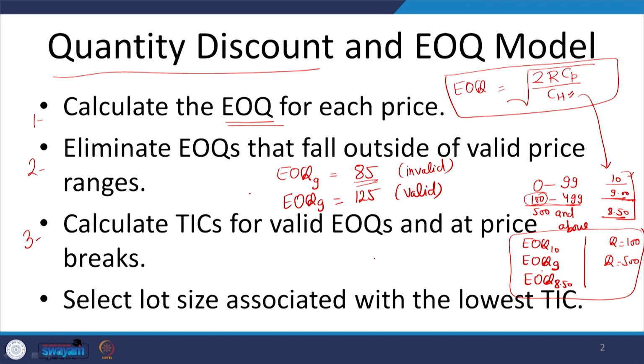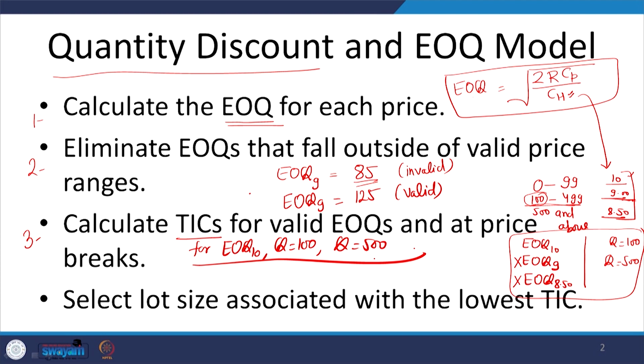Now, if your EOQs are invalid for these two ranges, 9 rupees and 8 rupees 50 paisa, then you will calculate TIC for EOQ 10, Q equals 100 and Q equals 500.